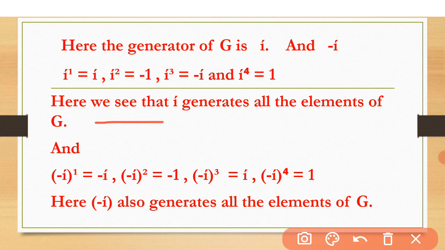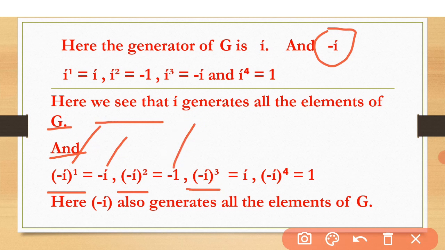Here we see iota is the generator of all elements of G, and minus iota raised to power 1 gives us minus iota. Minus iota raised to power 2, the minus is cancelled by the square, and iota square is equal to minus 1. Minus iota raised to power 3 gives us plus iota, and minus iota raised to power 4 gives us plus 1.